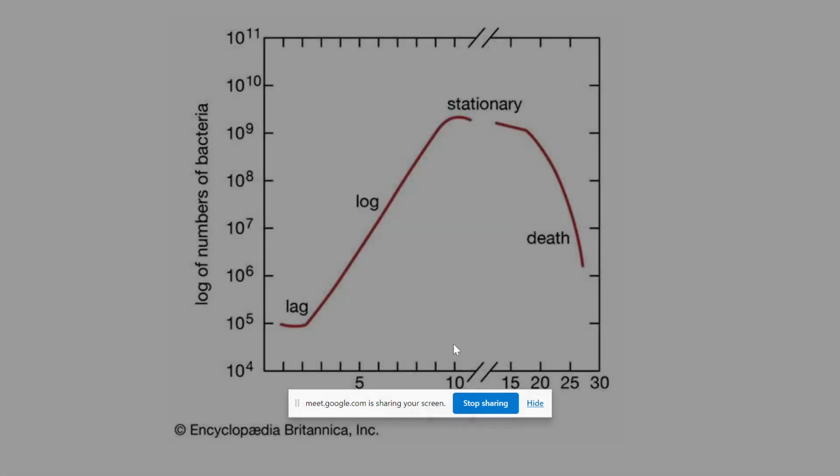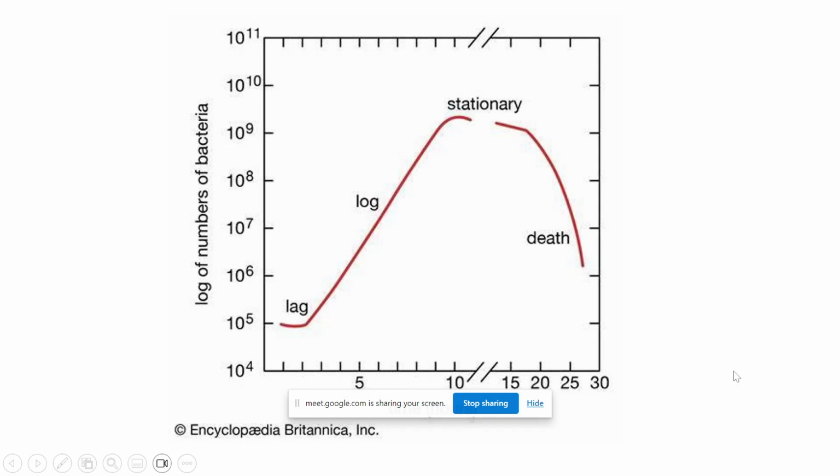So this will be the bacterial growth curve. Initially it will be in lag phase, then it will reach the log phase, then the stationary phase, and finally the death phase. This is true for a batch reactor. In a batch reactor there won't be any input or output.